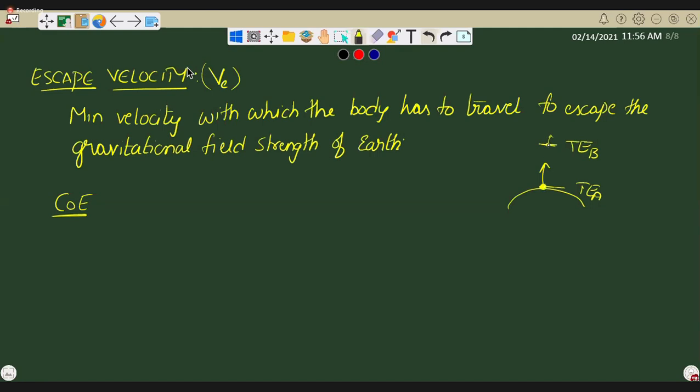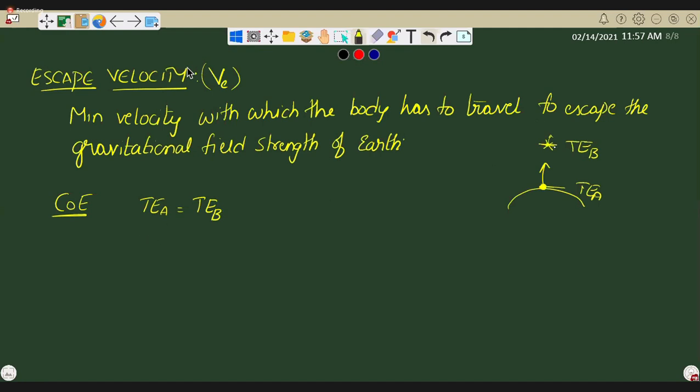So when it is going to this point, it is not being attracted by the Earth, right? So this body does not have any potential energy. And when it goes here, all the energy it will use to come here. When it comes here, your body will be around your Earth, or it can escape into space also. So your total energy at A should be equal to total energy at B.